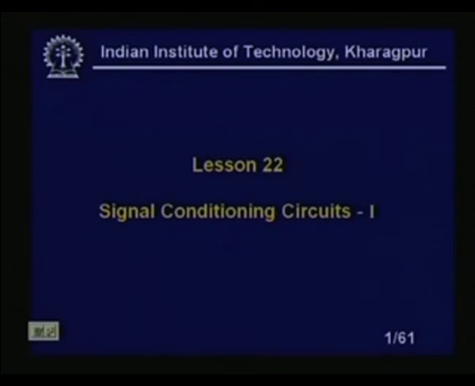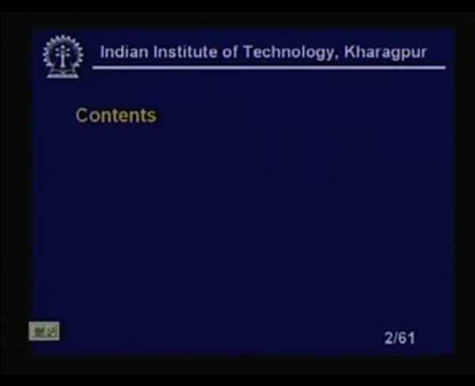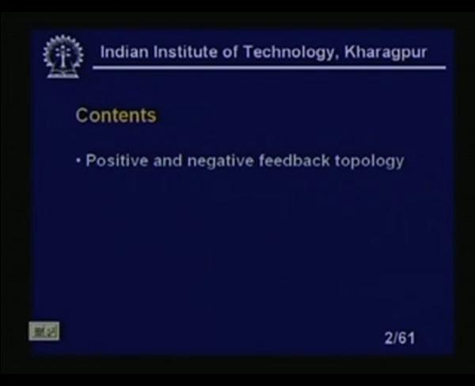So, in this lesson and the next lesson, we will discuss some of the signal conditioning circuits commonly used in instrumentation. This is lesson 22, signal conditioning circuits 1. Contents of these lessons: positive and negative feedback topology we will discuss.